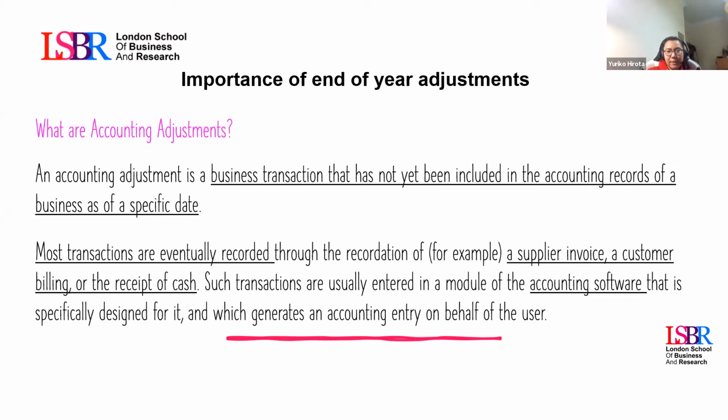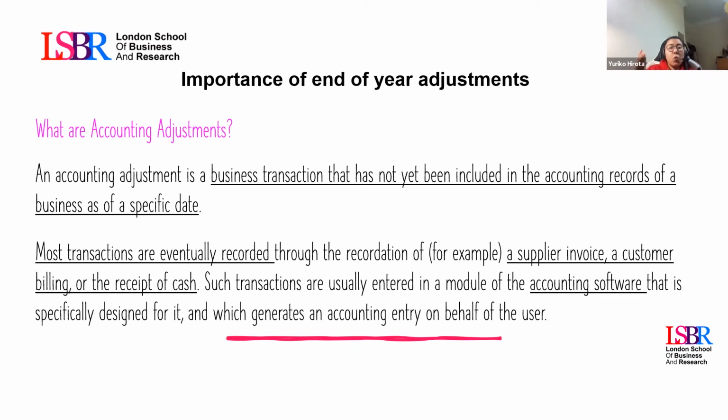For example, a supplier invoice, a customer billing, or the receipt of cash. If we think about a supplier invoice, we probably need to wait until we have the physical invoice, because maybe it's a supplier that is providing a service, and the amount of the invoice depends on the service.